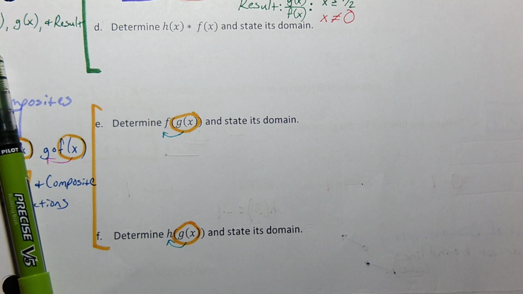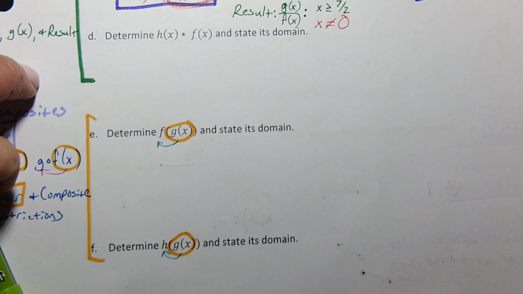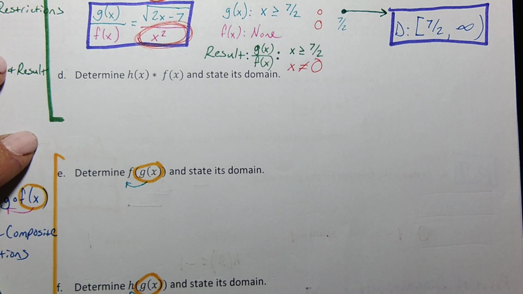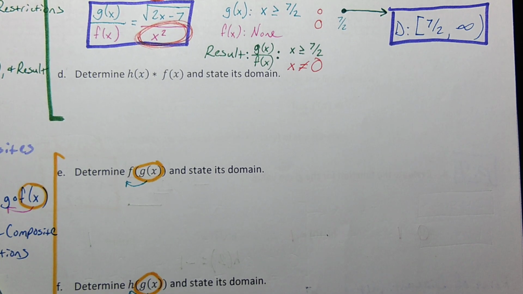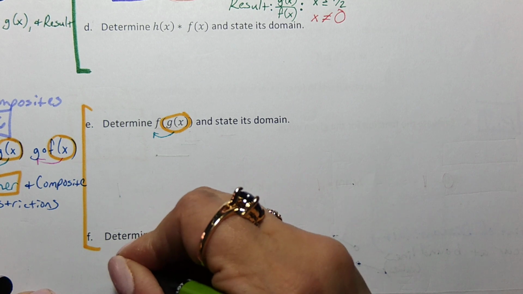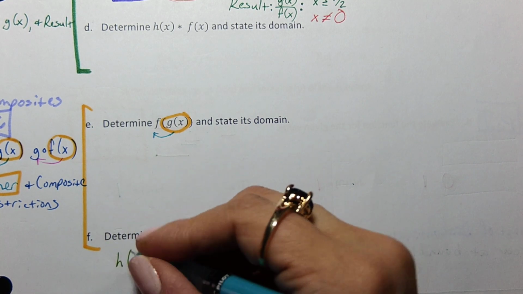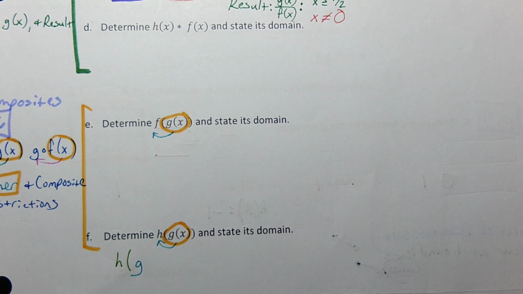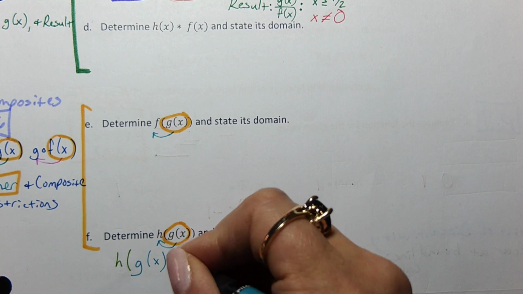Skedaddling on down to problem E. Actually, problem F. We're going to find the composite. So looking at problem F, we want to find h of g of x.